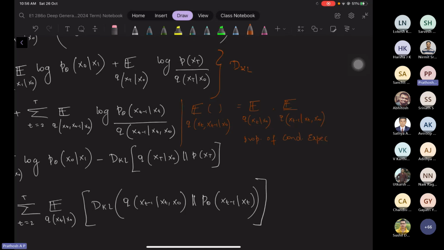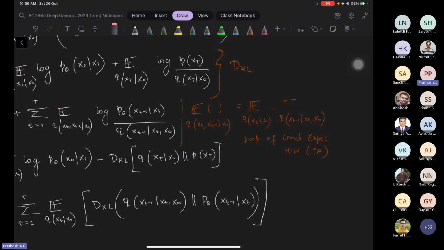Please take it as homework or ask the TAs to do this. This is a known result. You can write this expectation using Bayes law and the law of conditional expectations. Please have a look at it.